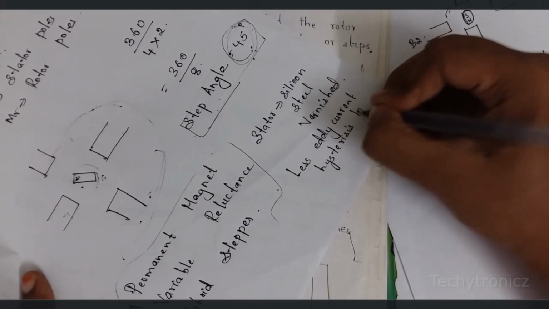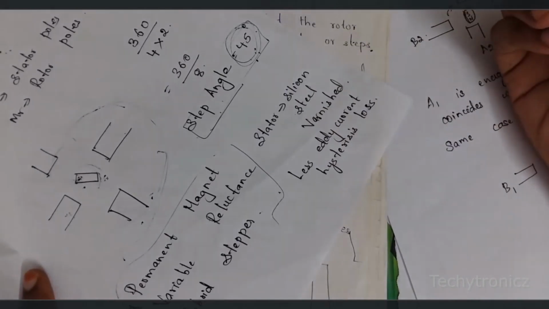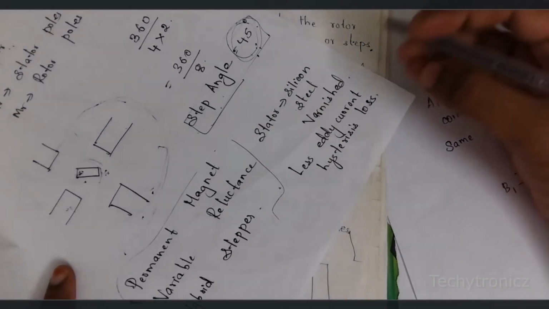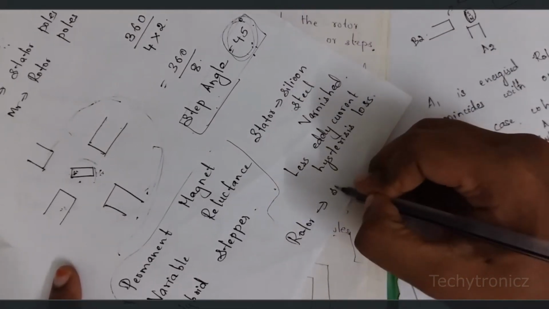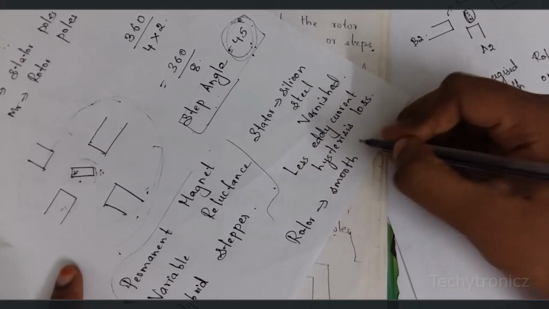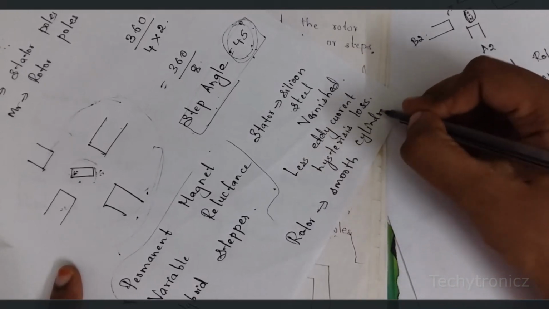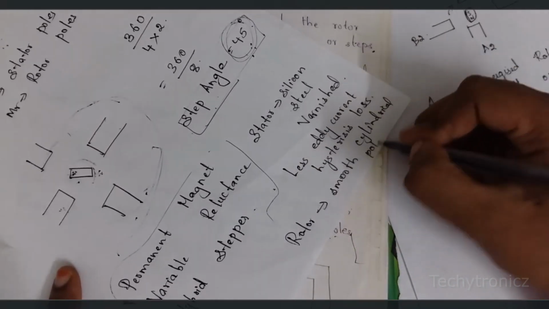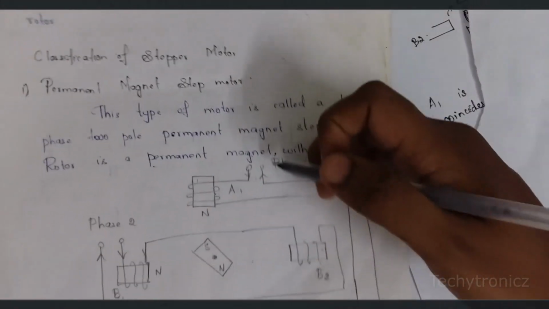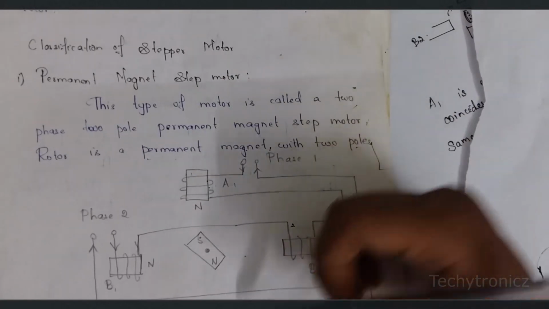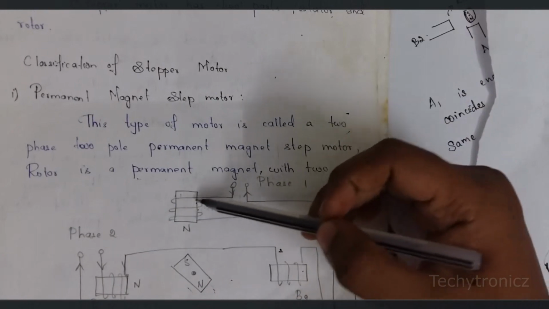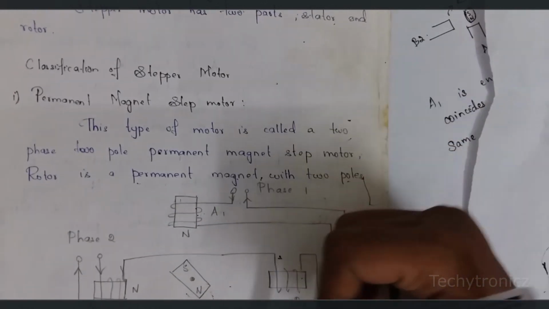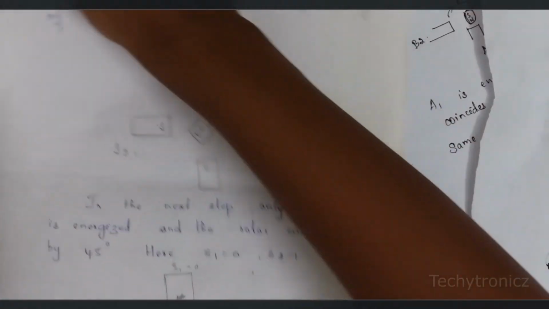And here the rotor has smooth cylindrical poles. We are considering 4 stator poles and 2 rotor poles, and all the stator poles are wound with coils.